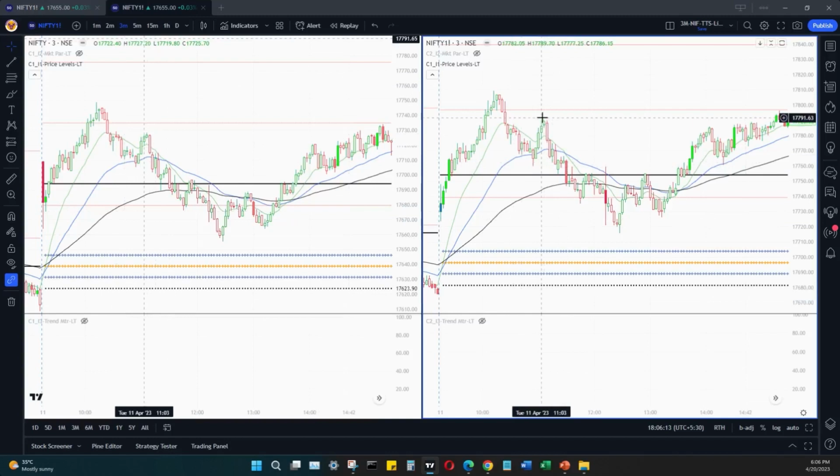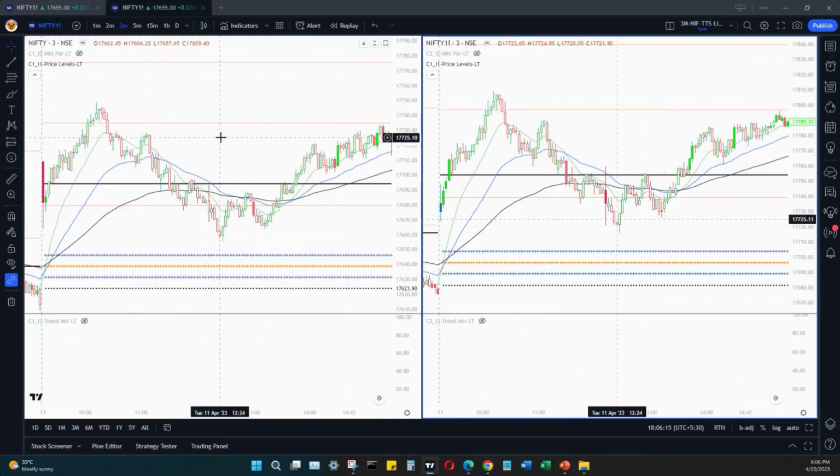Plus I also bring in the resistance and support zones from the past price action and any major turning points from the previous day. All these become the key locations for us to consider for the current day scenario.